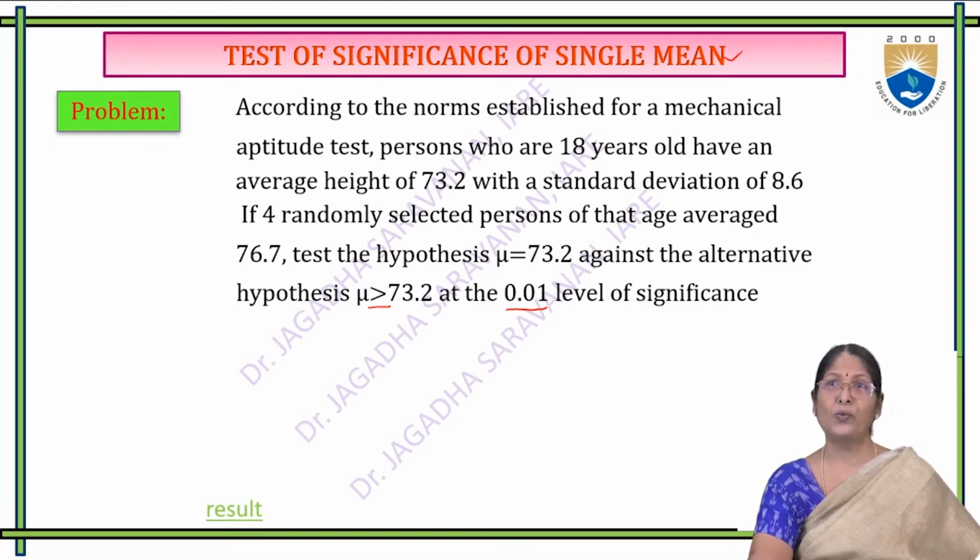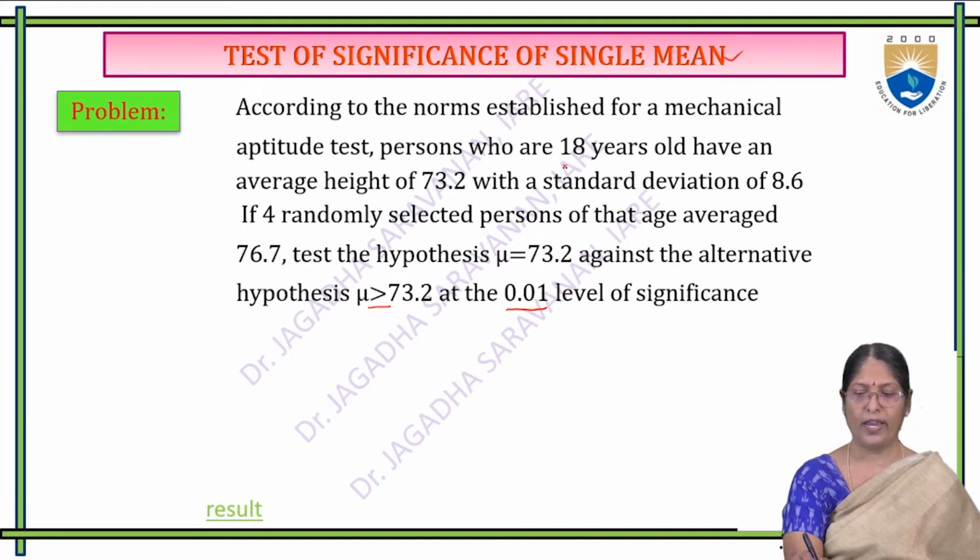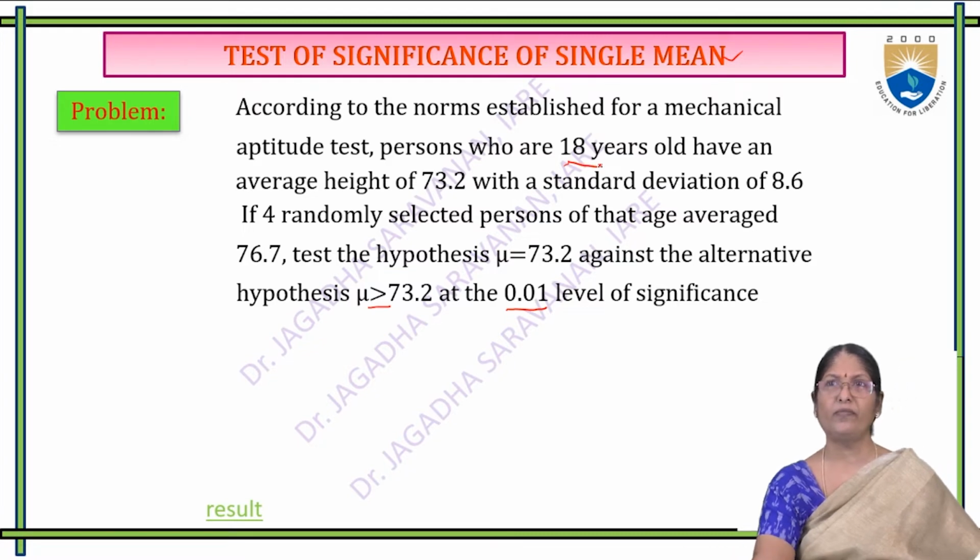Yes. The first one is, according to the norms established, some mechanical aptitude test is going on. The eligibility to attend the particular exam is 18 years. Fine. So many students are writing that particular exam. How many students are writing it, that data is not given, we have to read it very carefully.